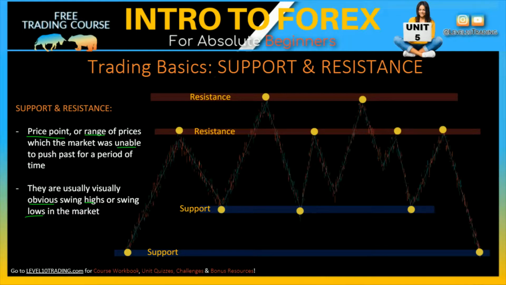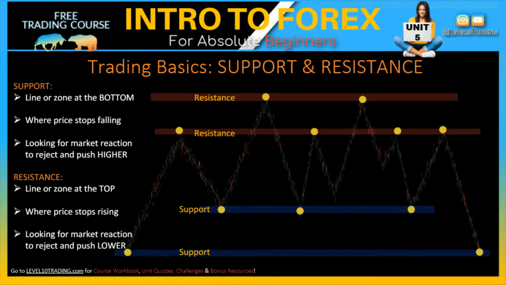Support and resistance can be identified through using a diagonal trend line, like we talked about in our last lesson. But here in this lesson, we're specifically going to be looking at horizontal support and resistance zones, which always have to have at least one price point at which to base your support or resistance zone off of.